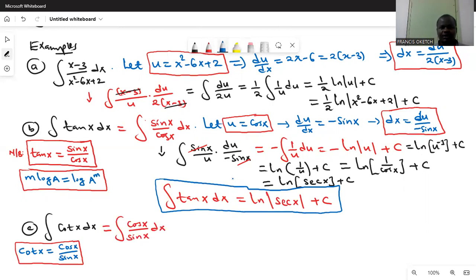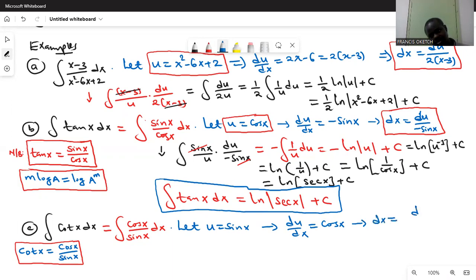Once we are there, you let u be equal to sin x. When you differentiate, you get du dx, the derivative of sin x, that is cos x. So you can make dx the subject, which means dx is equal to du over cos x. So let me bracket the substitutions.